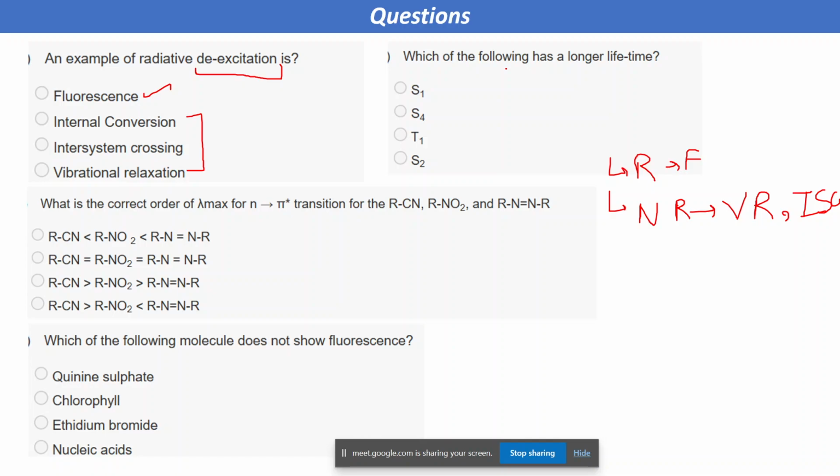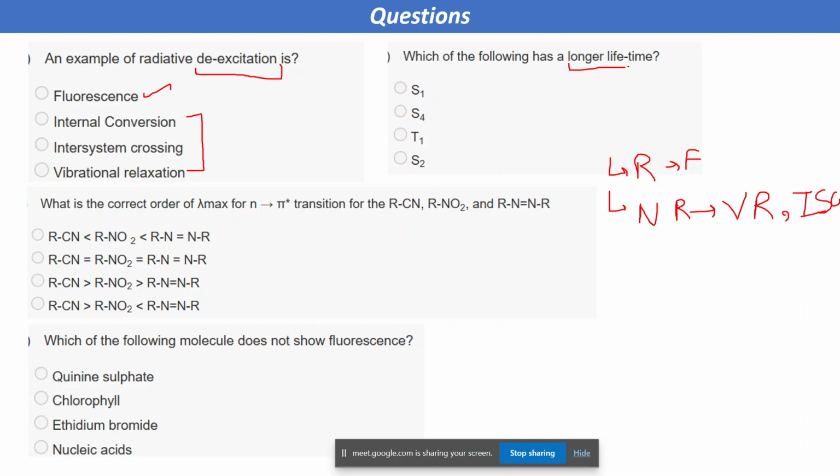Now, the next question is, which of the following has a longer lifetime? S1, that is singlet, S4, T is triplet, or S2. So always remember that the triplet state has a longer lifetime than the singlet state. It doesn't matter which singlet state it is, like S1, S4, S2, the triplet has the longer lifetime.